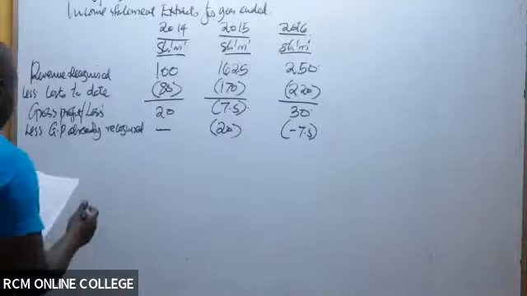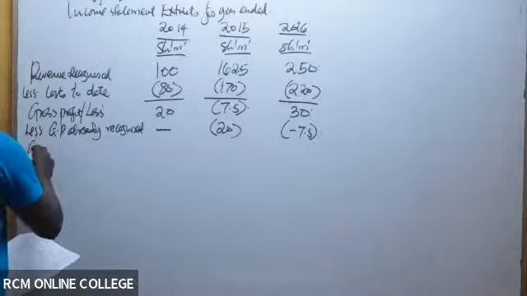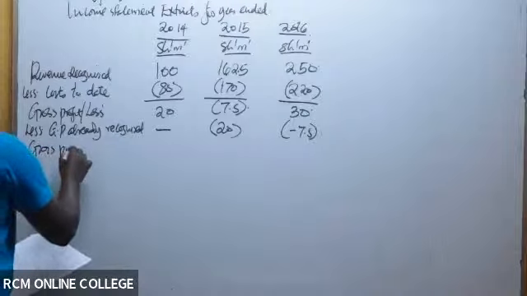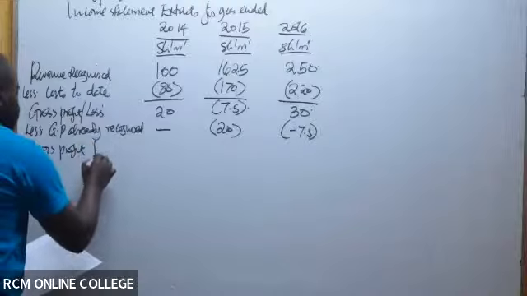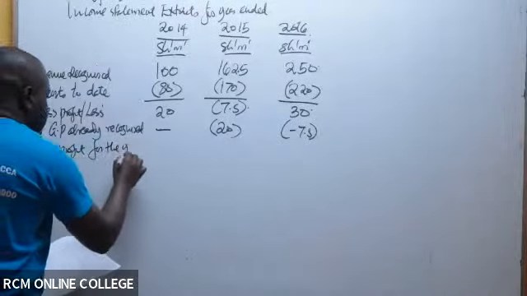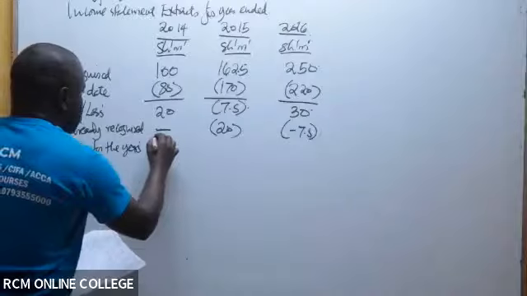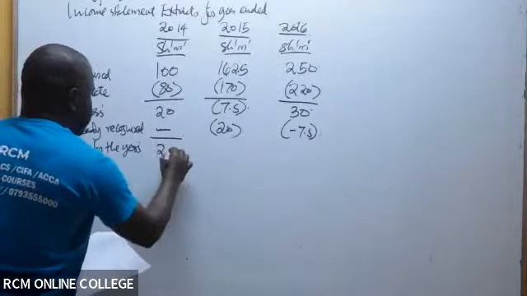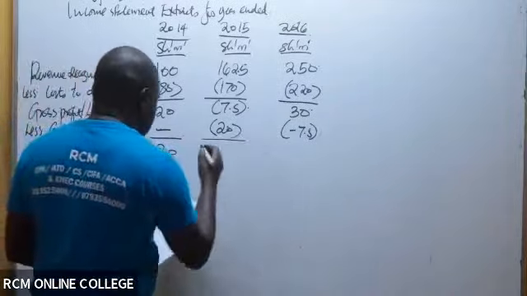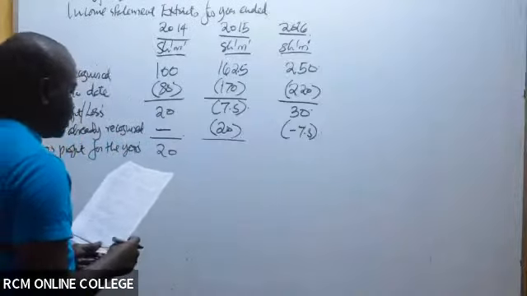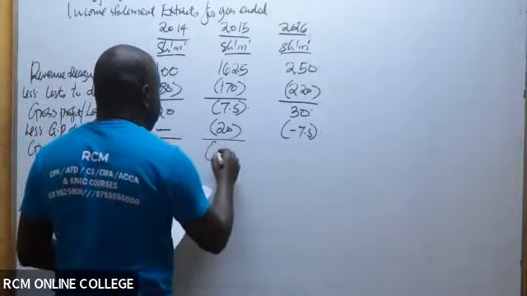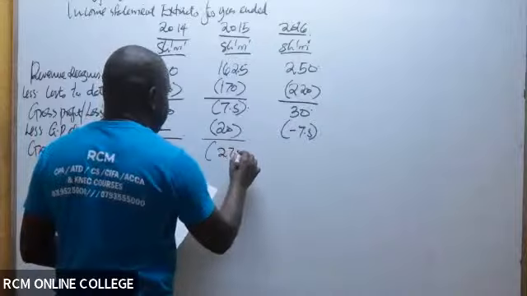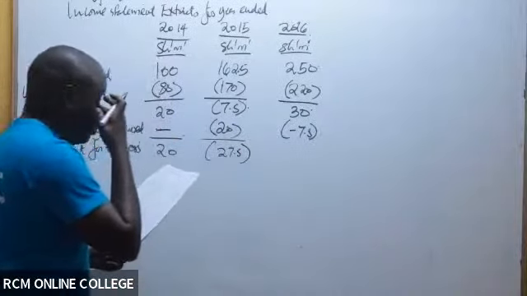Then you get the gross profit for the year. This one will be 20. This one will be negative 27.5.